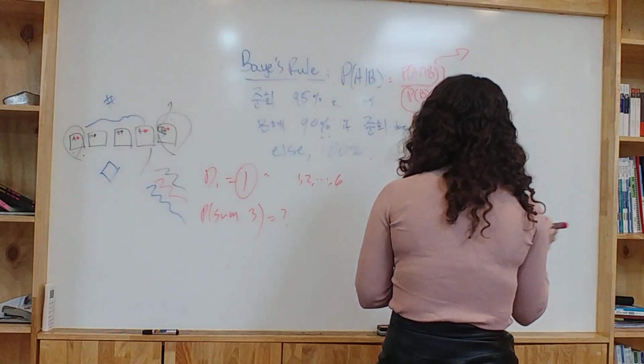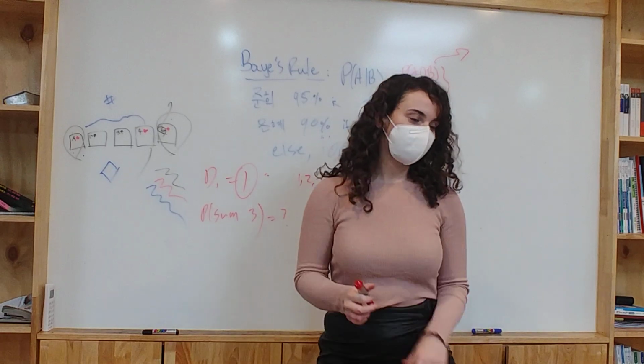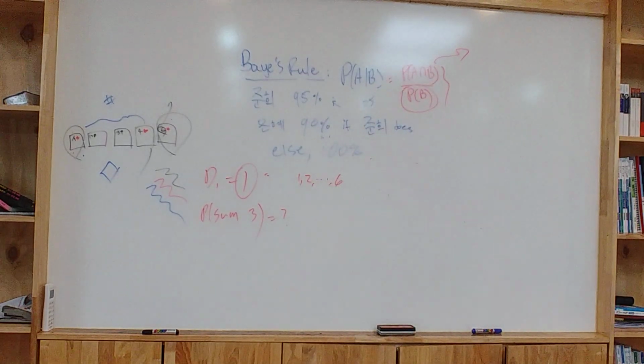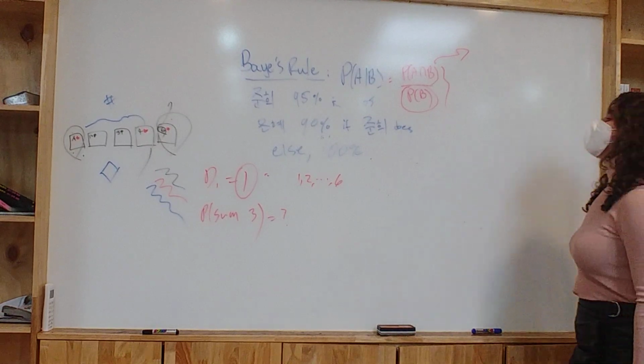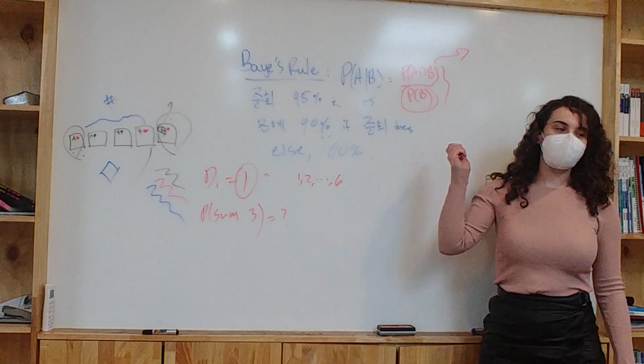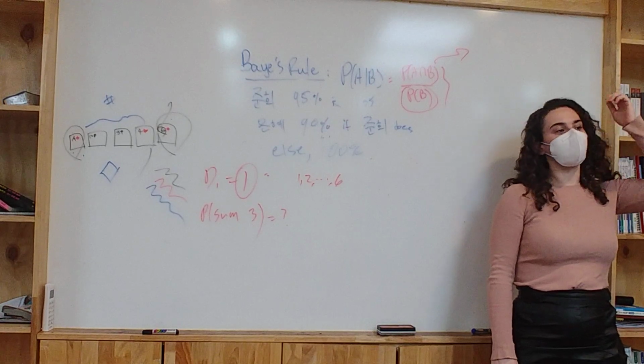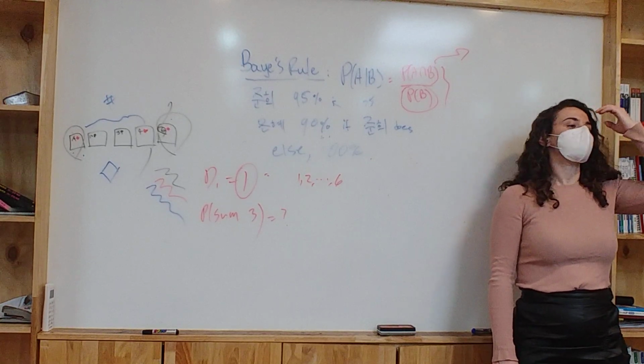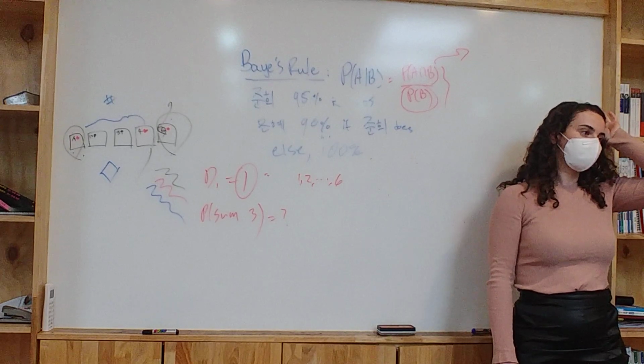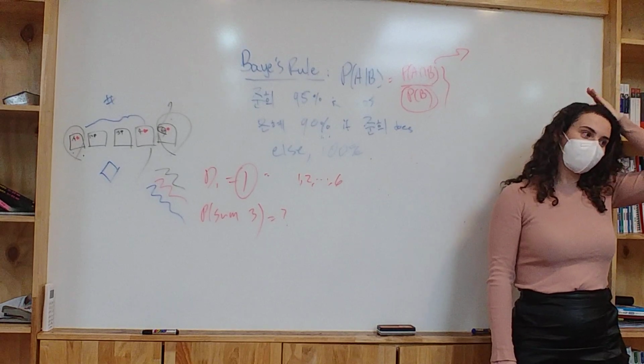All right. Yeah, that's right. Wait, is that 1 out of 6? Okay. So, what's the probability that the first one is a 1? 1 of 6? Yeah. Okay.